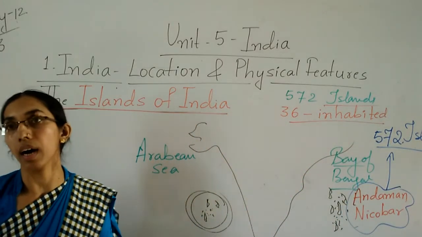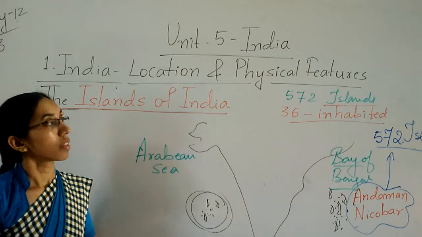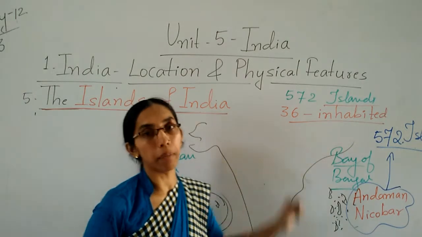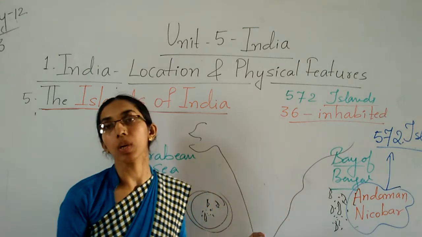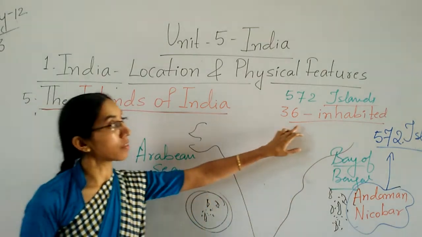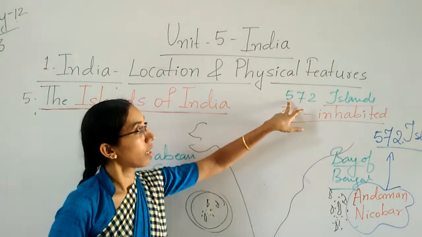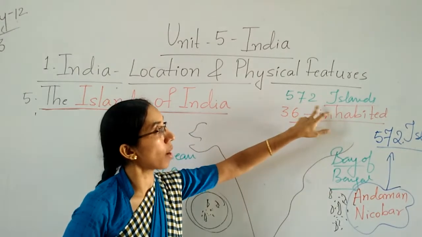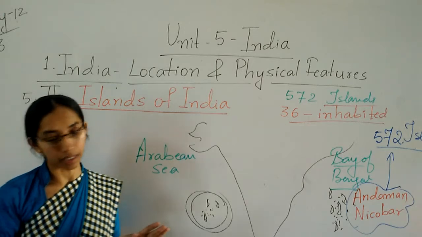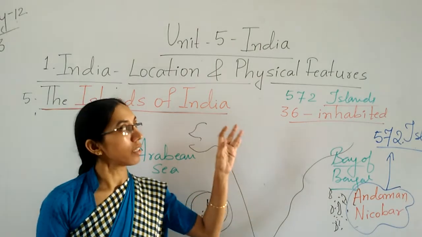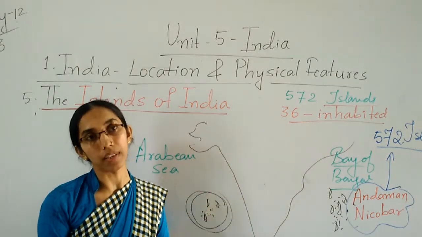Where the people are living. That area is called inhabited. That land is suitable for people to live. That is called the inhabited. See here, in that 572 islands only 36 islands are inhabited.